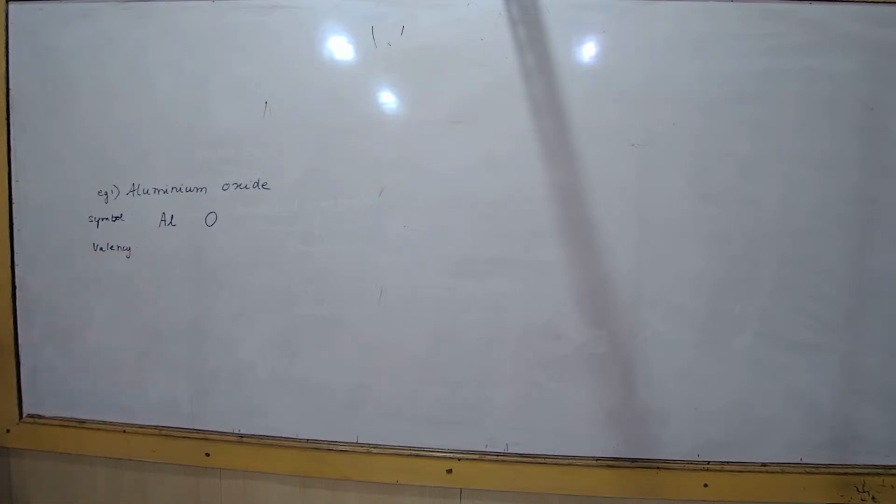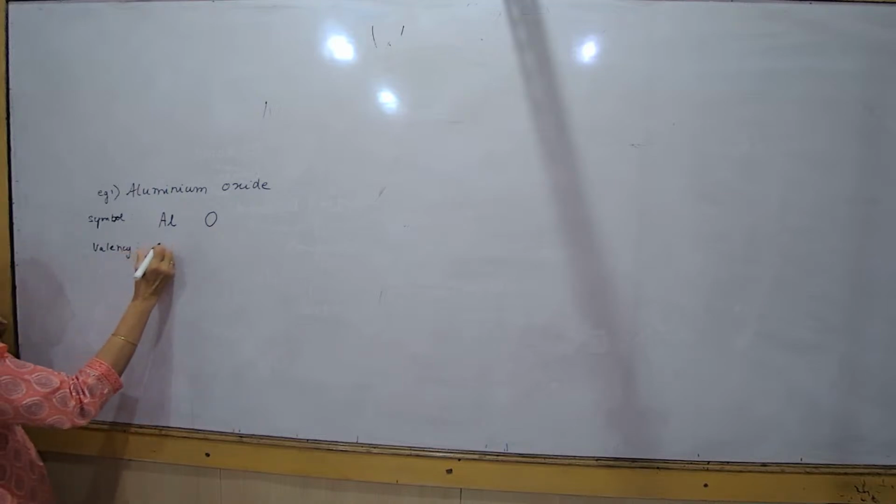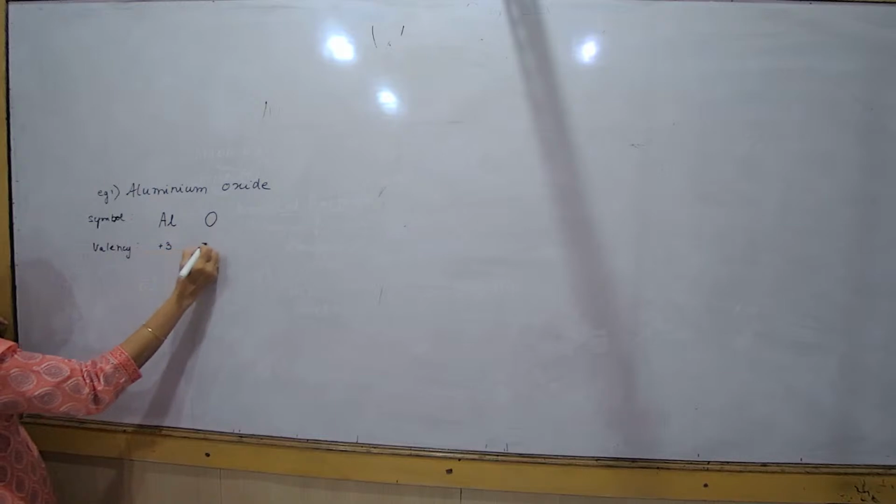Look at the table and tell me what is the valency of aluminium. Aluminium is Al3+, and oxide is O2-. So aluminium is plus 3 and this is negative 2.